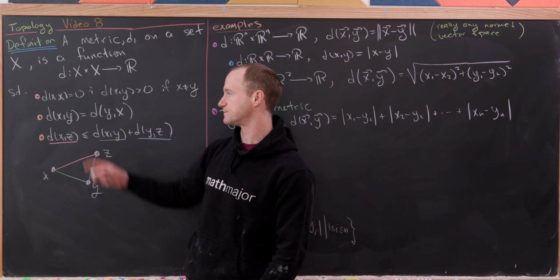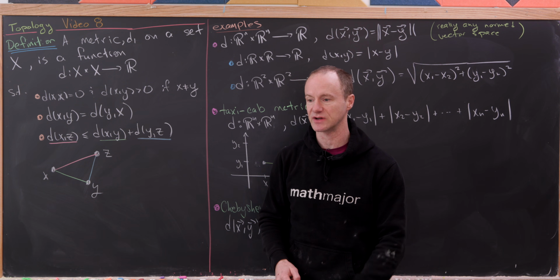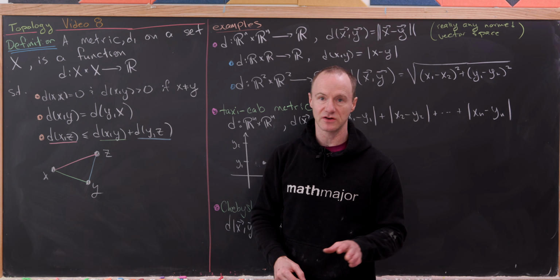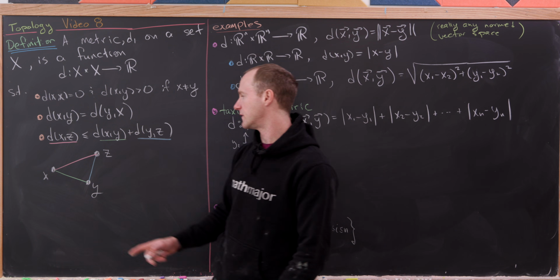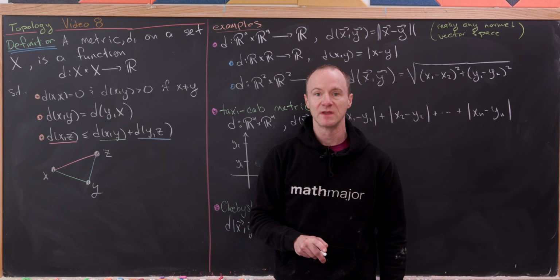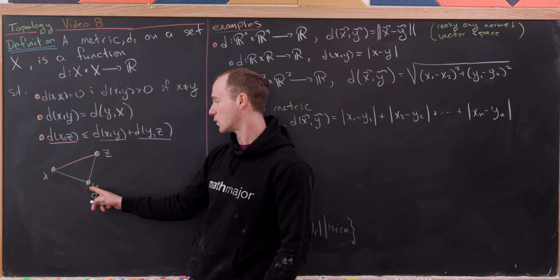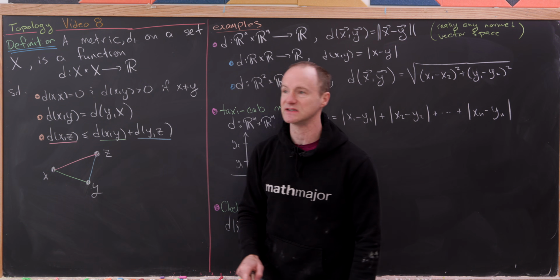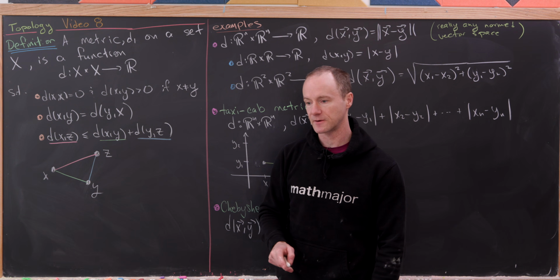So in other words, d(x,y) must be d(y,x). We've got some symmetry. And then finally, there should be some sort of triangle inequality. And so if you measure the distance straight from x to z, that should be less than or equal to first measuring the distance to y and then measuring the distance to z. And that's exhibited by this inequality right here.